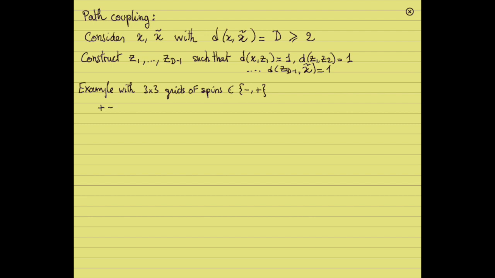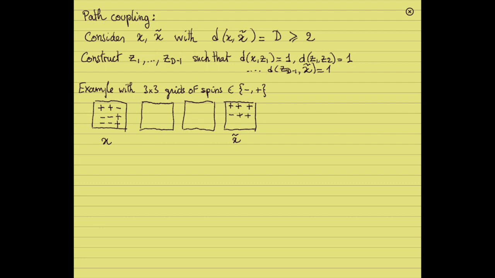Suppose we have simply n equals 3, we have 3 by 3 grids of spins. And so let's look at X. It's this grid of pluses and minuses. And we will create intermediate states linking X and X tilde. And X tilde is going to have 3 differences with X. So we're putting pluses and minuses, but 3 of those spins are different than in the grid X. They are circled here.